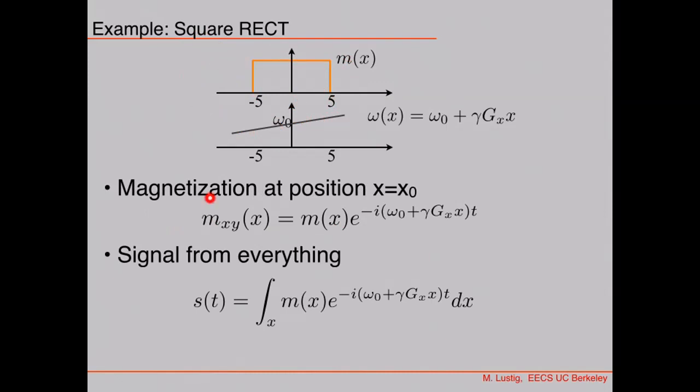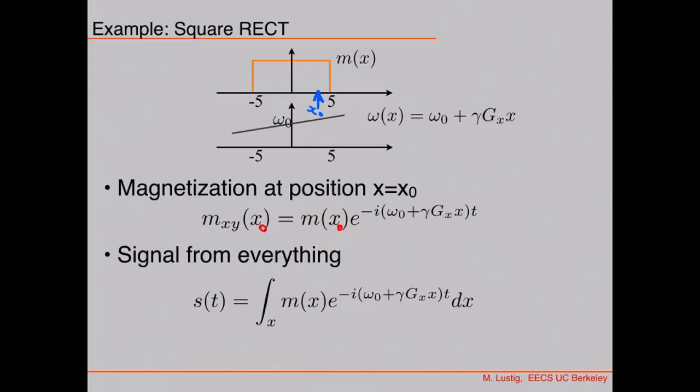Well, take the magnetization at some position, let's say this position over here, x0. I have some magnetization M0 at x0, and that magnetization starts precessing.